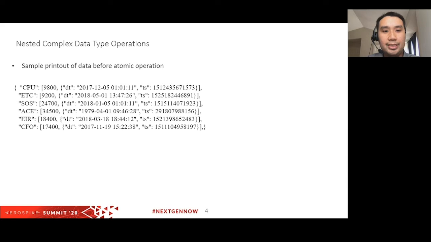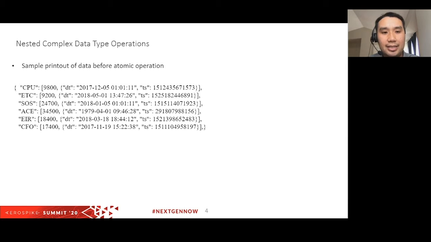So let's look at the data. On the left-hand side, the key values are strings that could correspond to the players of this game. That's the key value of this map. The value is a nested list within this map, and the first element of that nested list is the score.